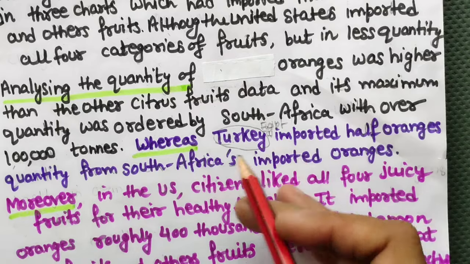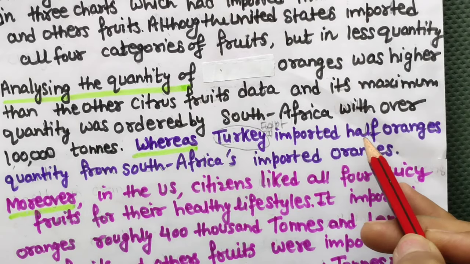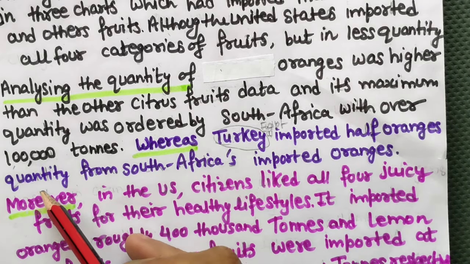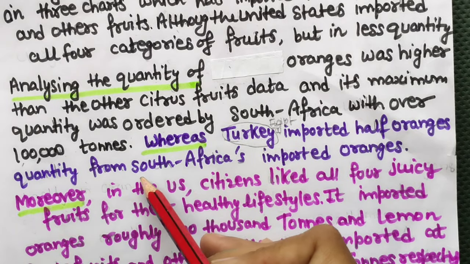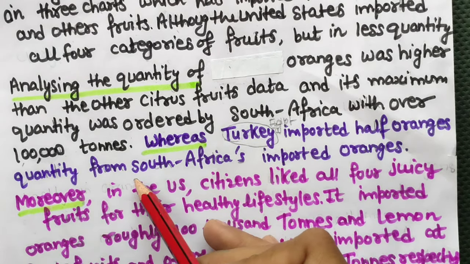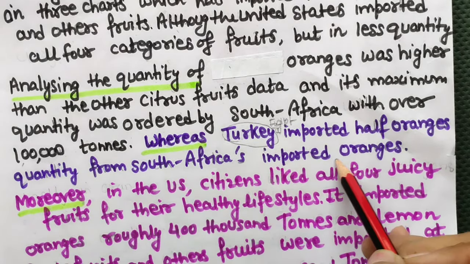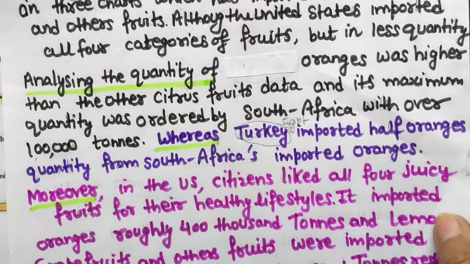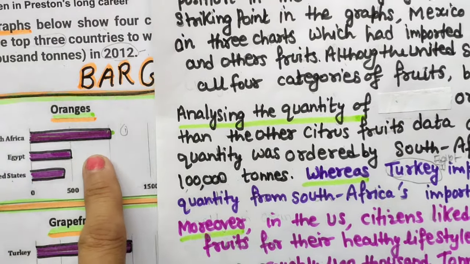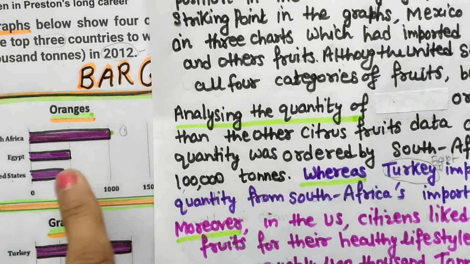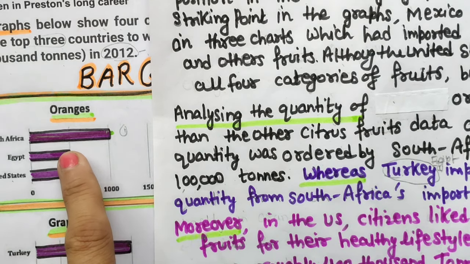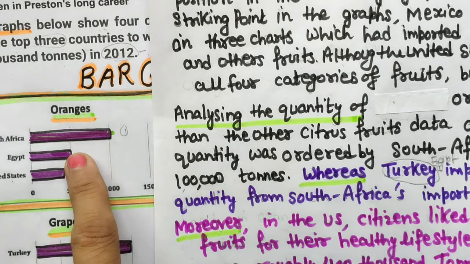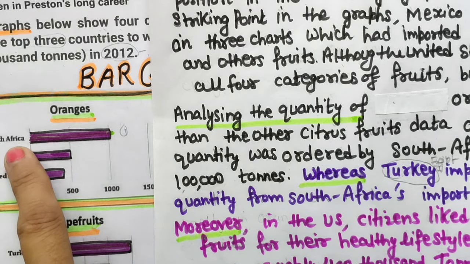So you can write, whereas Egypt imported half the oranges quantity as compared to South Africa's imported oranges. Write this because we want to compare between countries also. So here we have written Egypt imported half of the orange quantities that was ordered by South Africa.